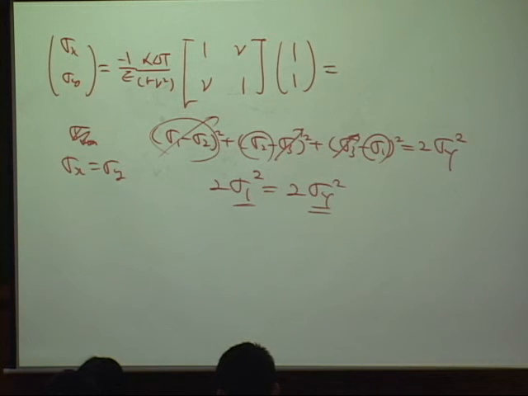So what is each term? Well, this and this. Sigma x will be minus 1 over E alpha delta T, 1 over mu square 1 plus mu. Right?